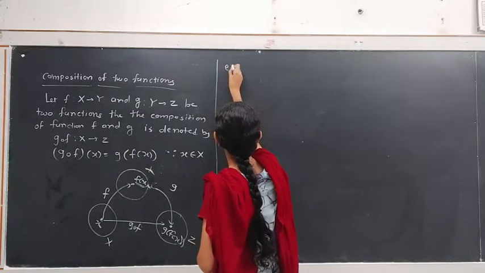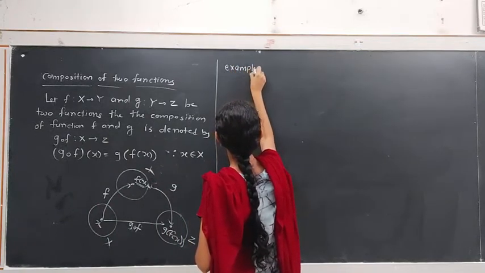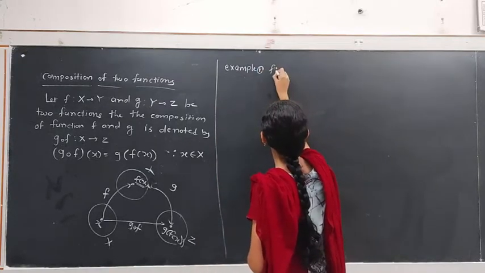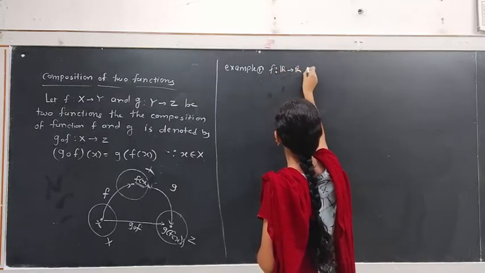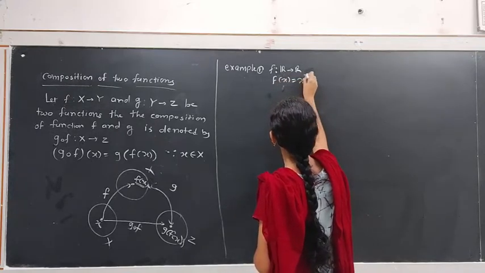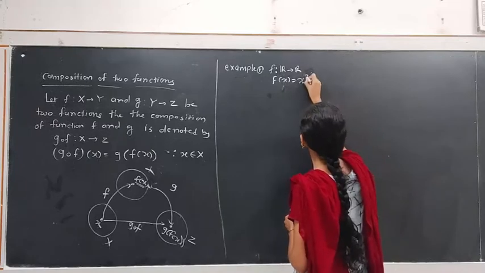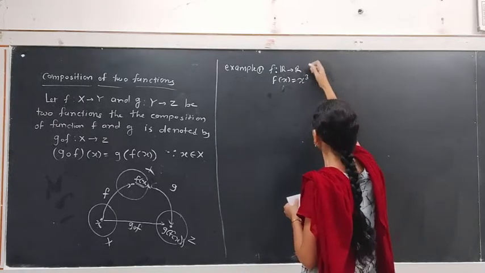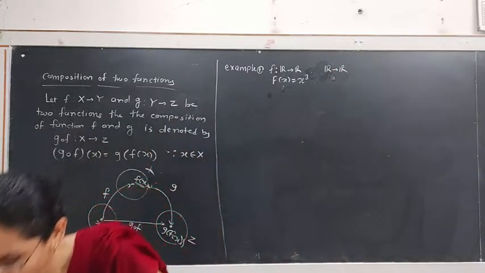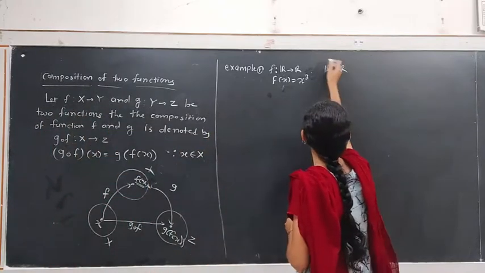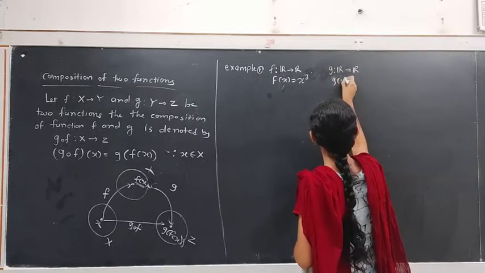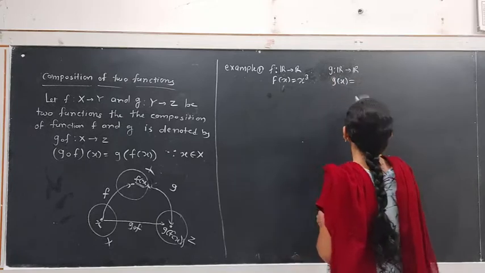If f is a function from the set of real numbers to real numbers, R to R, and f of x is defined by x cube. g is a function from R to R again, and the g function is defined by g of x is equal to cube root of x.